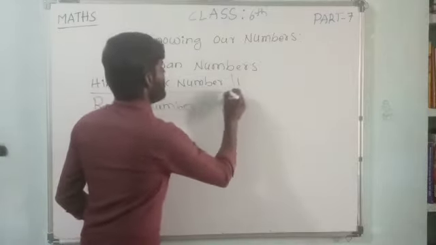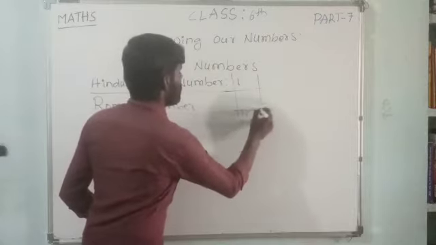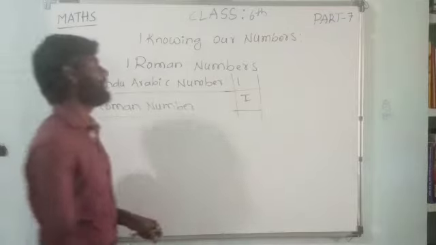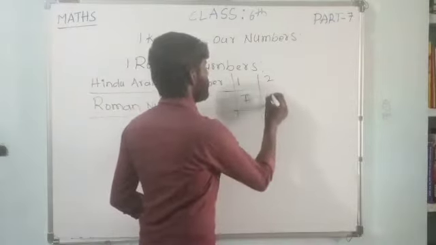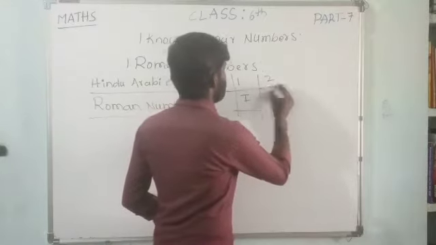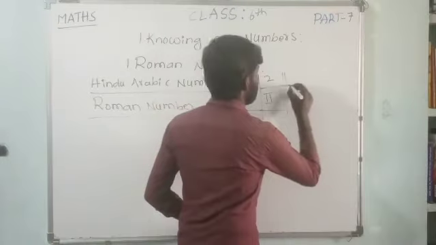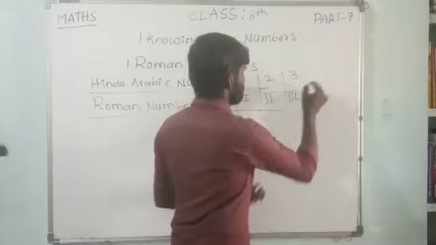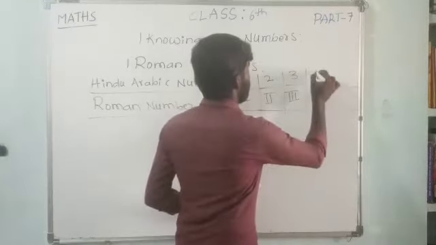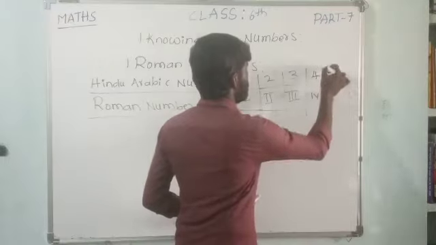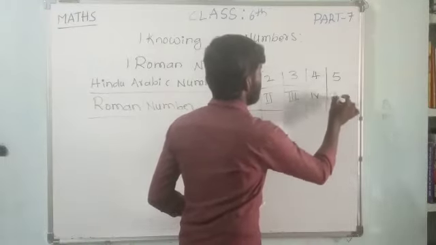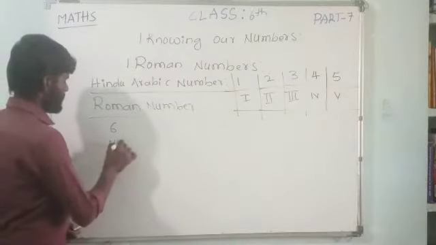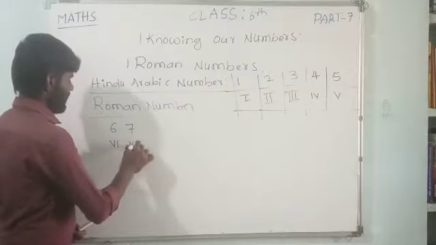Here one is the Indo-Arabic number. This we can represent in Roman numbers as I. Then 2 is II. Then 3 is III. Then 4 is IV, 5 is V, and for the 6, VI. 7 is VII.